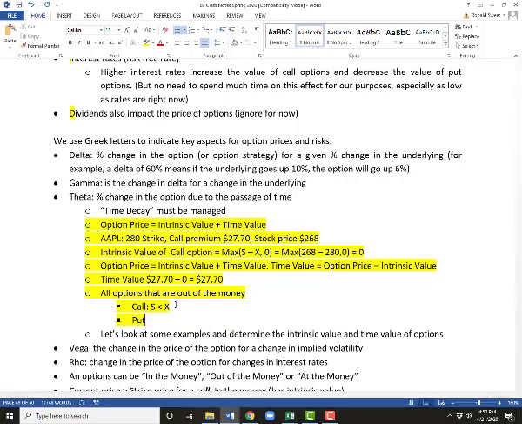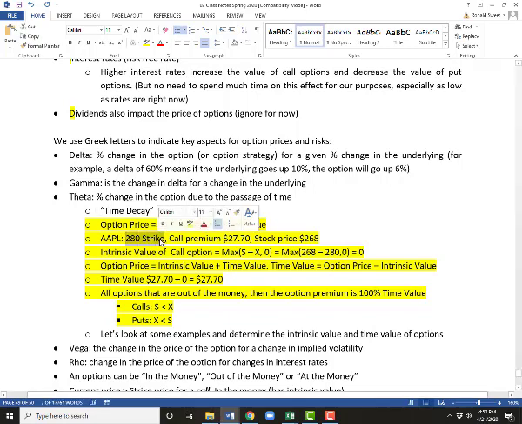For puts, that's when the strike is less than the stock price. If they're out of the money, then the option premium is 100% time value. It's all time value. So when we talk about time decay, you can see this 280 strike call, because Apple is trading for 268, is out of the money. So 100% of this option is time value.